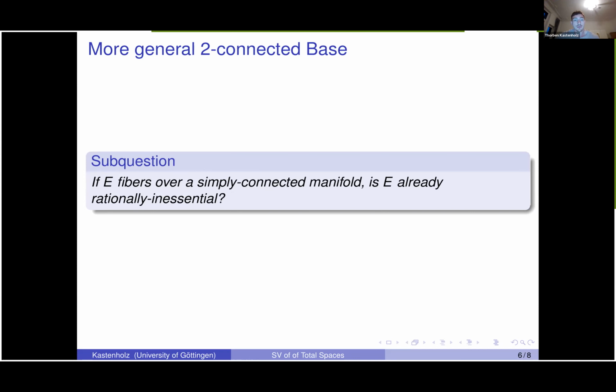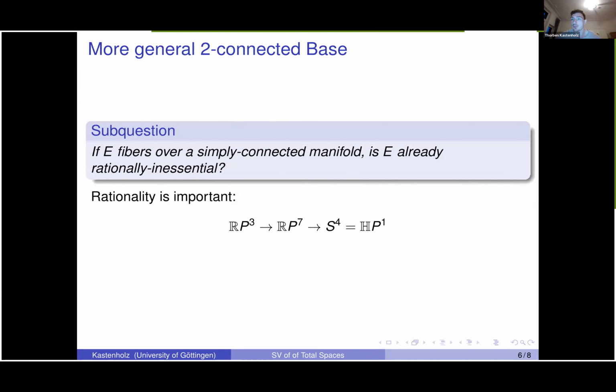And here, first of all, the rationality is really important, because you can consider the following bundle, where you consider as a base the quaternionic projective space, and then you consider the real projective space of lines in R^8, or rather H^2. And of course, whenever I have a line in R^8, I can consider its quaternionic span. So this gives me a map from RP^7 to HP^1. And the fiber is going to be RP^3.